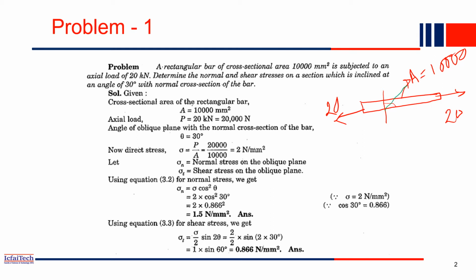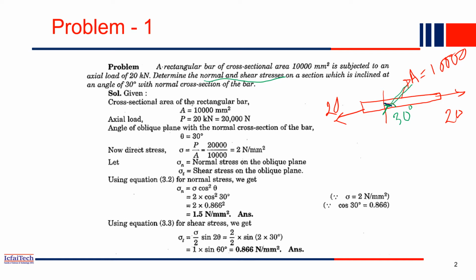This is another section I have taken, and this angle is basically 30 degrees. You have to find the normal and shear stress in this inclined section. 30 degrees is not this angle, actually 30 degrees is this angle. Let's draw it. So this angle is your 30 degrees.